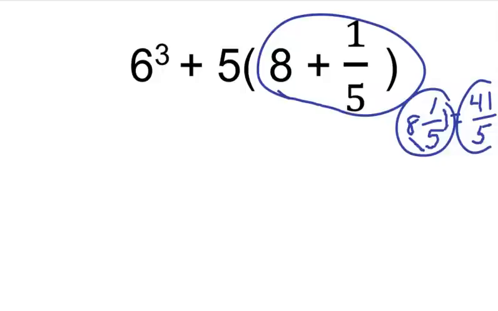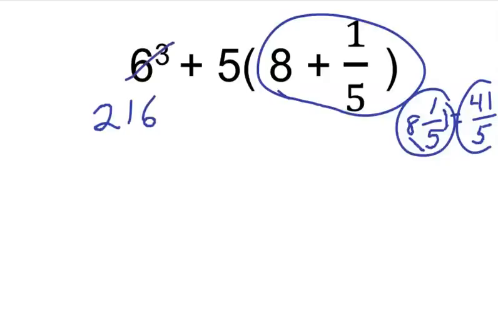Well, the next thing in PEMDAS after parentheses is exponents. All right, well, 6 to the 3rd power means we are doing 6 times 6 times 6. 6 times 6 is 36, and then 36 times 6 is 216. Okay, so we're done with this.